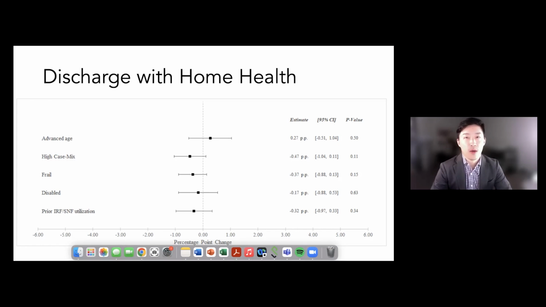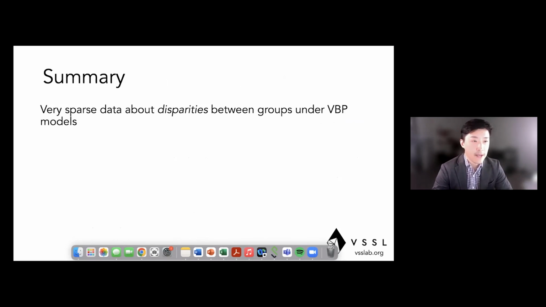And what we see here when we look at these different outcomes is that there is neither indiscriminate use or application of those care process changes to these high-risk groups, but there's also no exclusion. It's not that these groups did not receive any of the care changes that may have led to that. So that's what this evidence seems to suggest. And the summary here, I'll say, is that I showed you one analysis. My group and I are currently working on additional analyses looking at race and other measures.